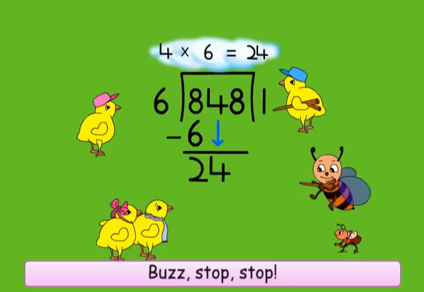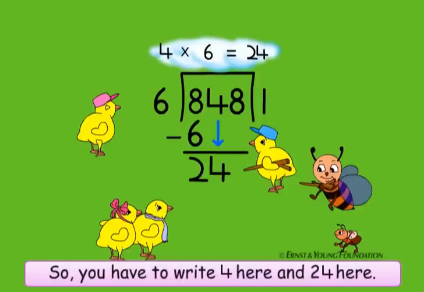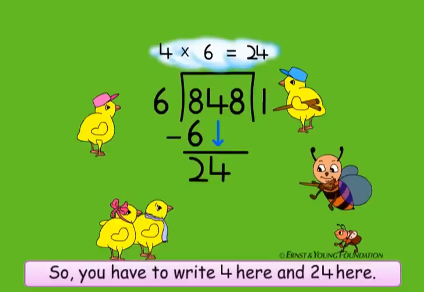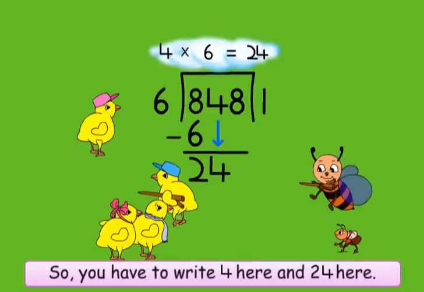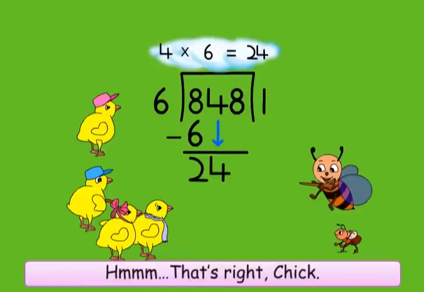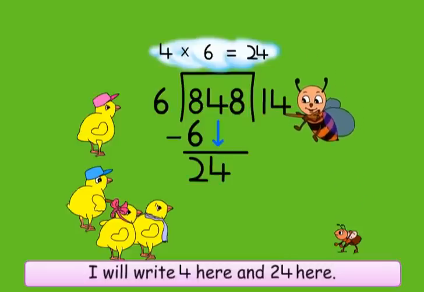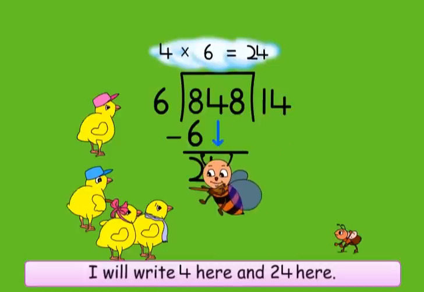Buzz, stop! It's 24. 6 fours are 24. So, you have to write 4 here and 24 here. That's right, Chick. I will write 4 here and 24 here.